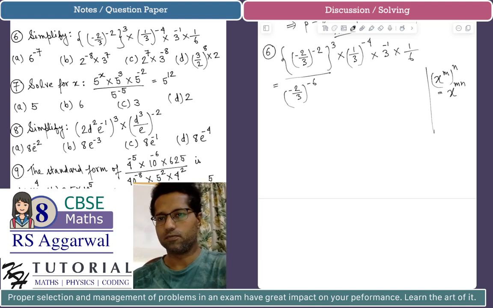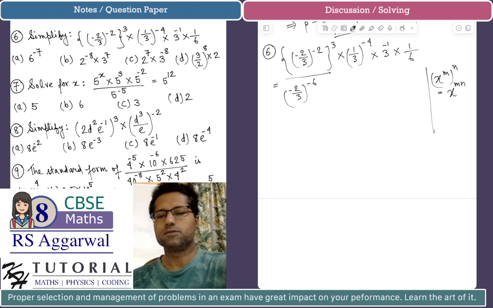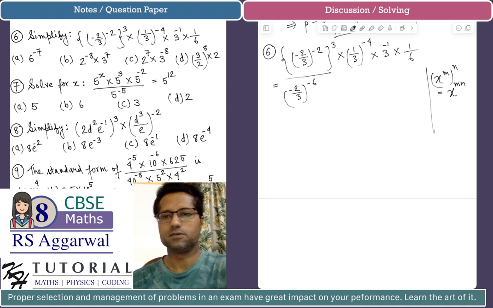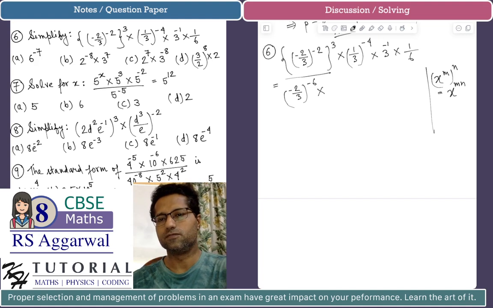So the first term in the product, we are having a product of 4 terms, becomes minus 2 by 3 raised to the power minus 6, and we have 1 by 3 raised to the power minus 4.